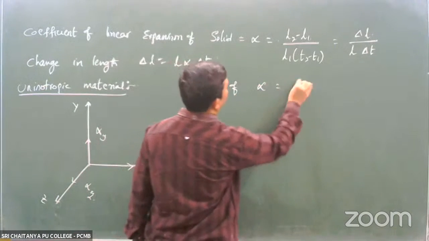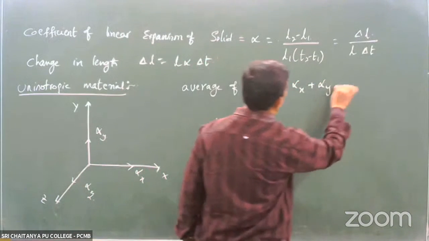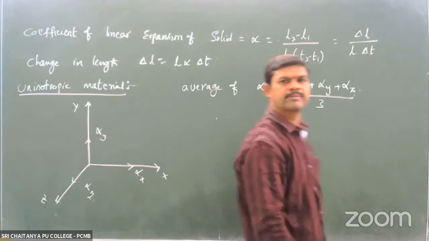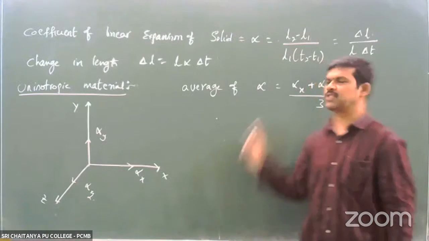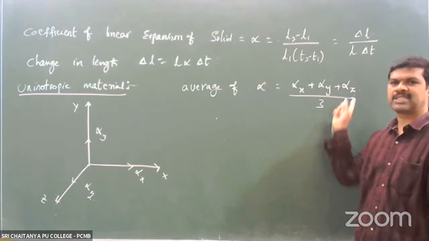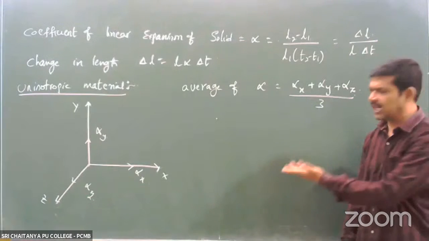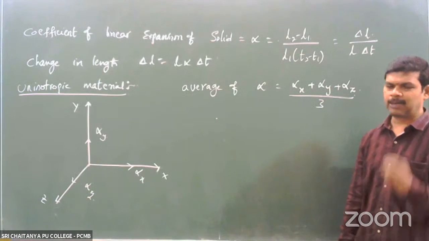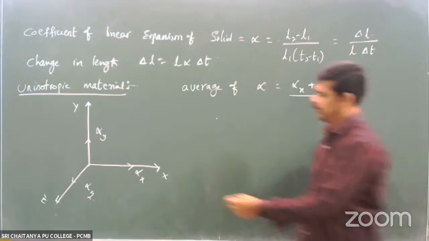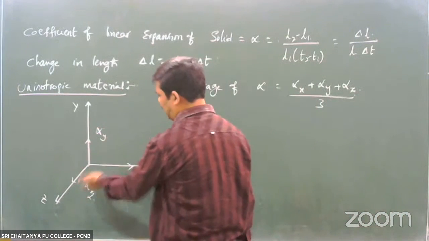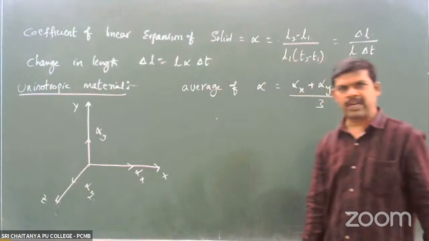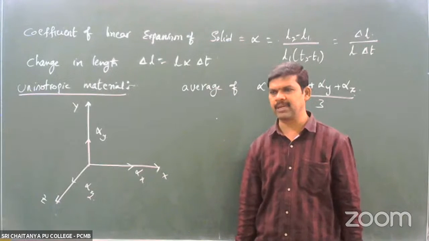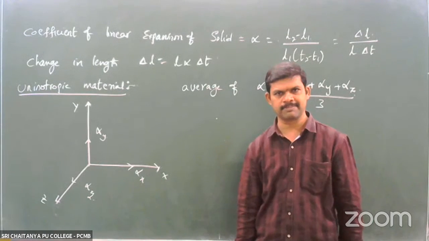The average of alpha x plus alpha y plus alpha z by 3. Use this formula and you get alpha of that anisotropic material. In the problem, they may give the alpha x, alpha y and alpha z values. I hope that in yesterday's paper you got this problem.